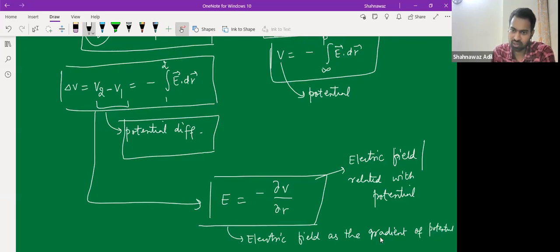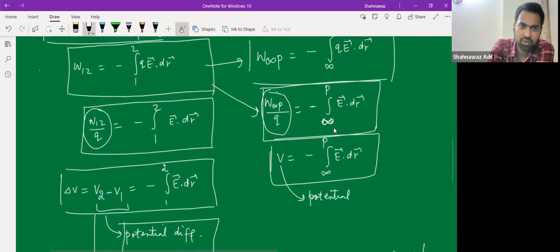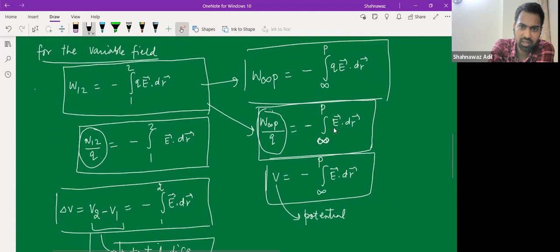Why are we saying this as gradient? Do you guys remember, or can you tell me why we are calling it the gradient? Please note it down first, and then just think about the answer.